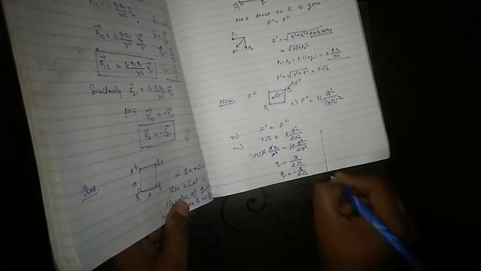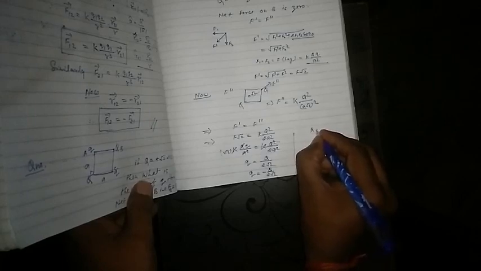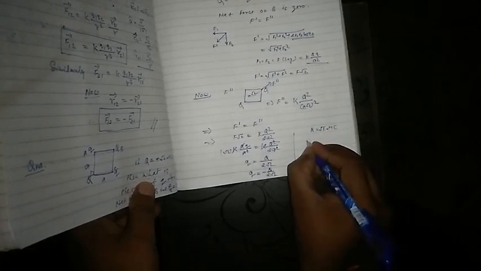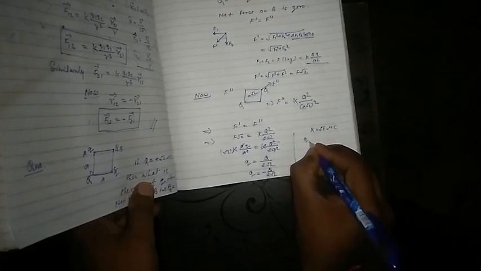Now in the question it is given Q is root 2 microcoulomb. Now we can calculate small q. Root 2 microcoulomb is root 2 times 10 to the power minus 6 coulomb, divided by 2 root 2.